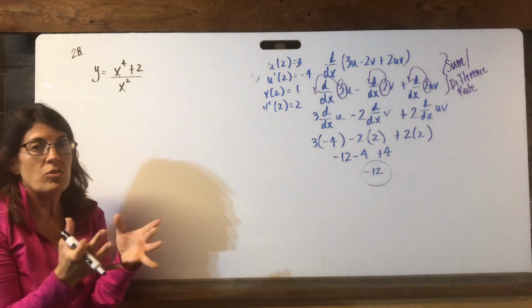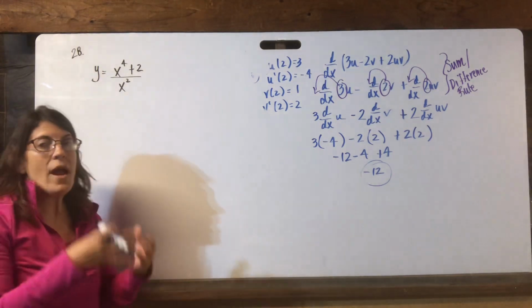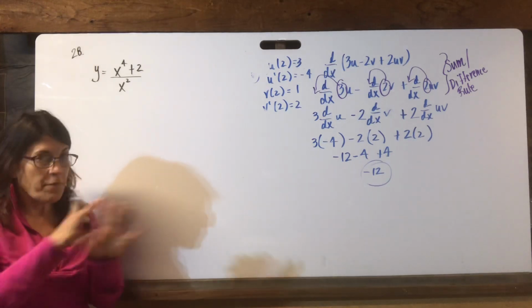Okay, so the first thing you need to do is find the slope when x is -1 on the curve. That's the first thing you need to know.